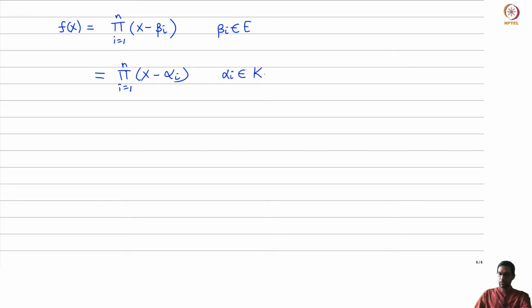Okay. Now these two different factorizations, you can think of these both as factorizations of f in the ring K[x], right? Because E is after all a subfield of K, I can think of the first expression also as being a factorization over K[x].